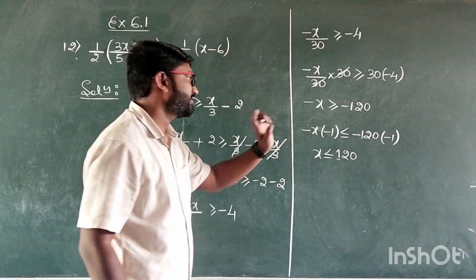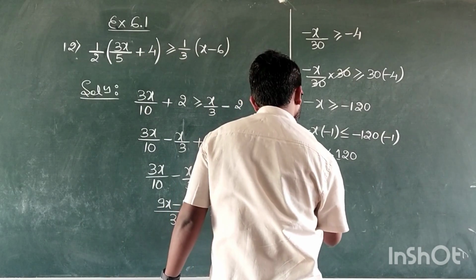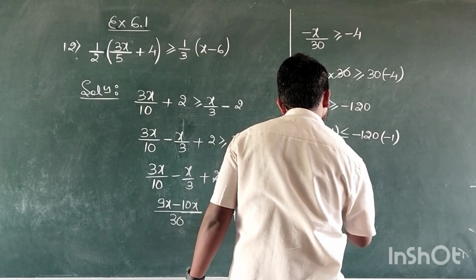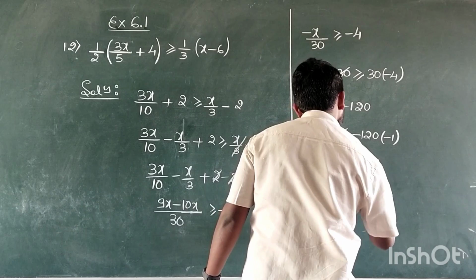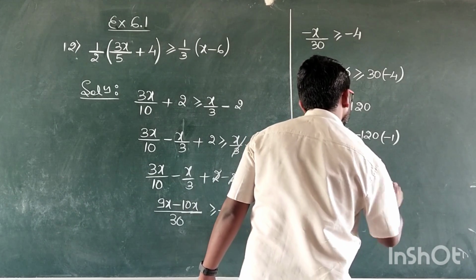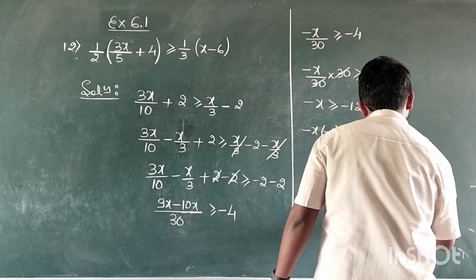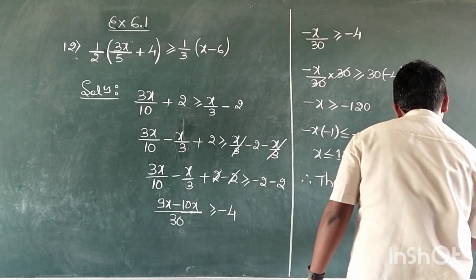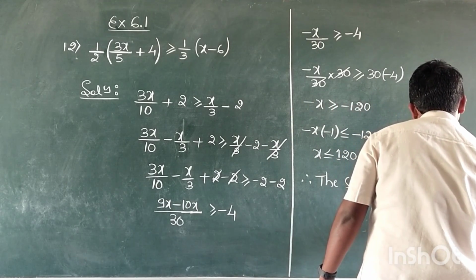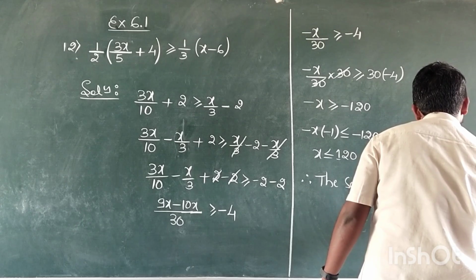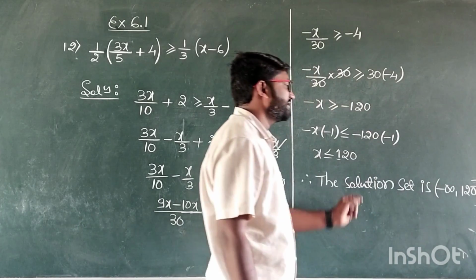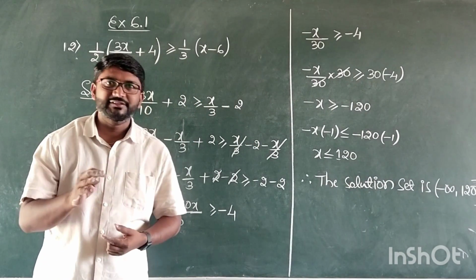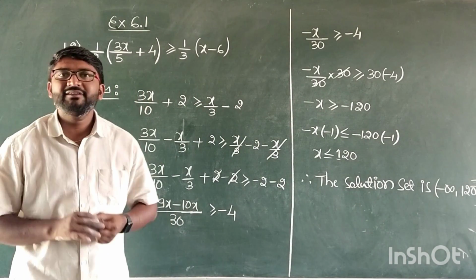So, we have to write the solution set for this. Therefore, the solution set is minus infinity comma 120, closed interval. So, this is all about the question number 12.